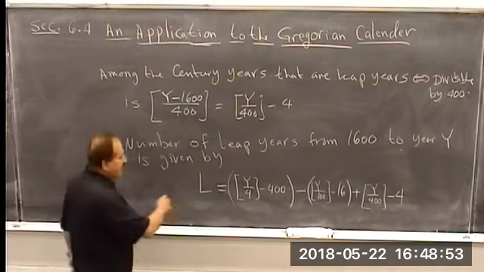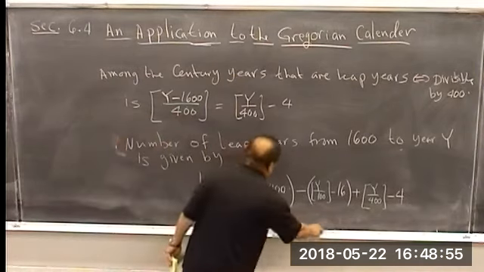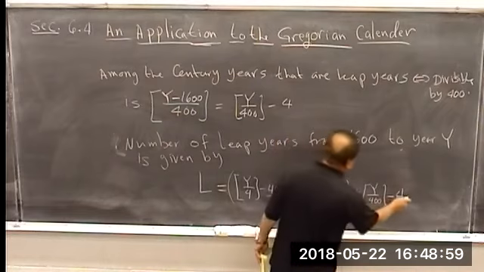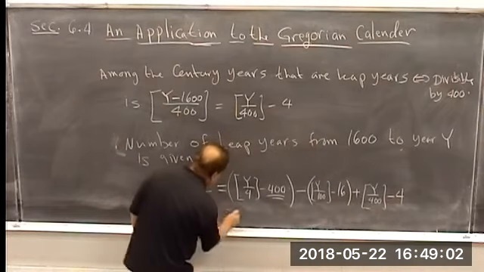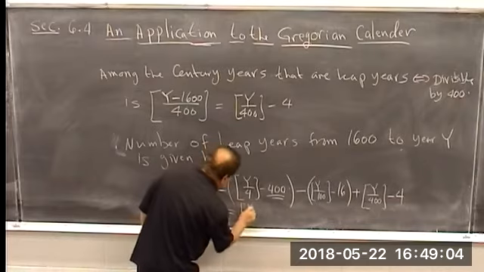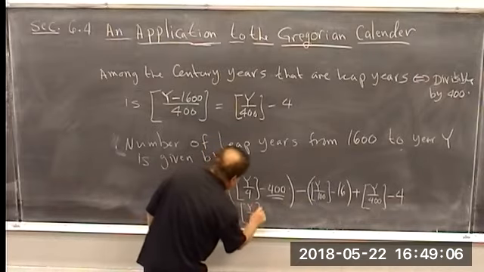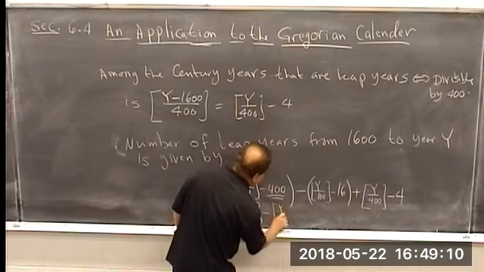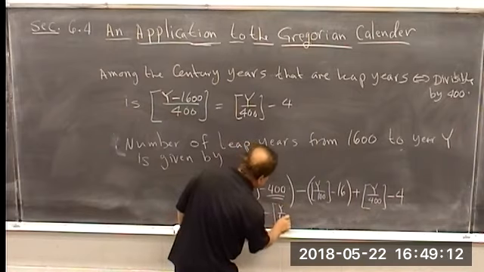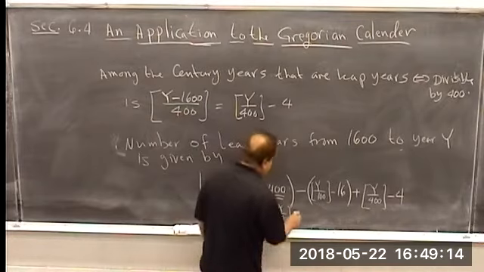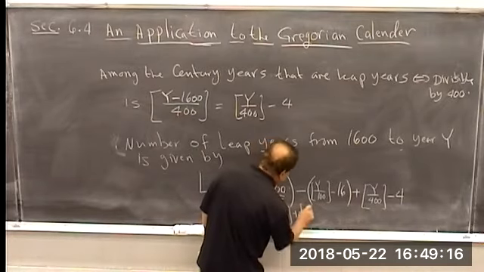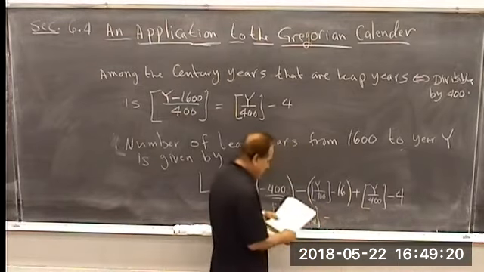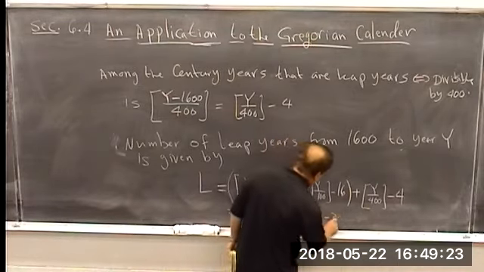But when we add up and simplify all of this, adding the negative 400 plus 16 minus 4, we end up with this formula for the leap years: y over 4 minus y over 100 plus y over 400, and the number turns out to be negative 388.